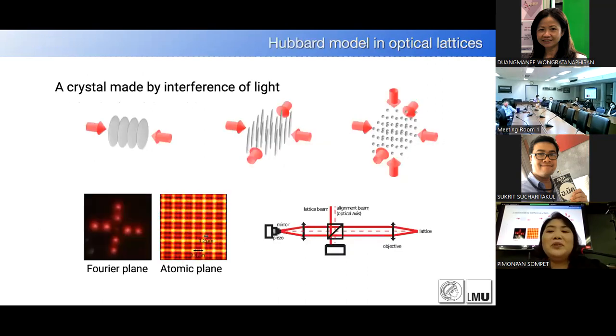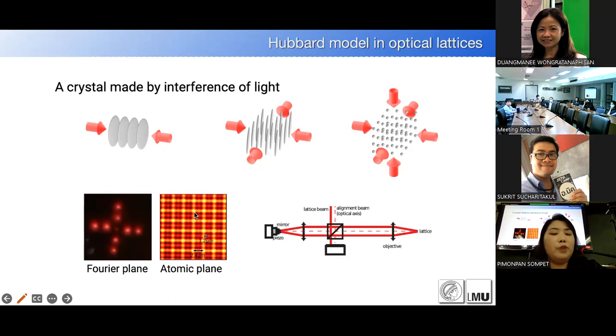And what we do to trap atoms is we make a lattice from light. If you put in laser beams and make them interfere in many directions, it looks like this.